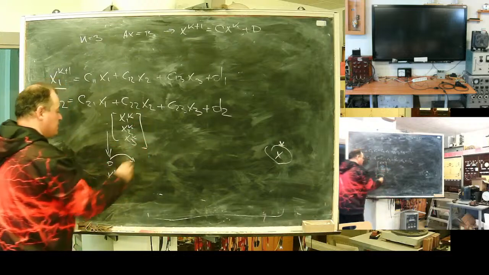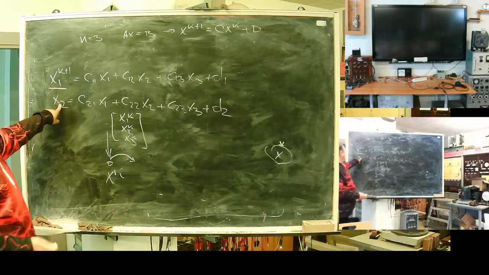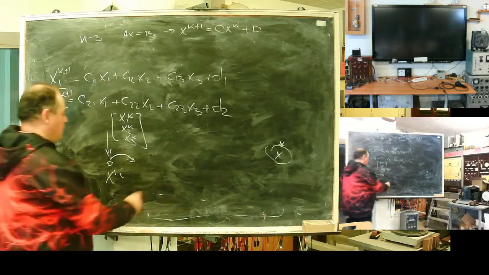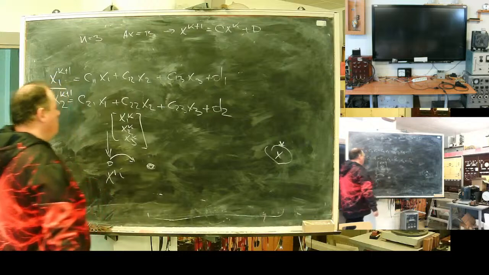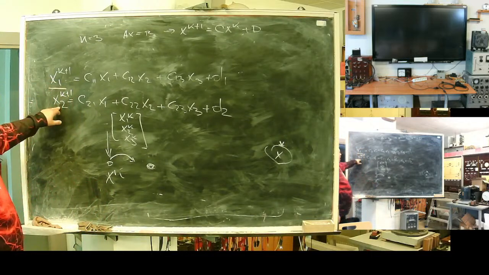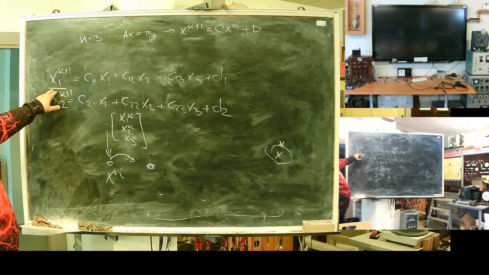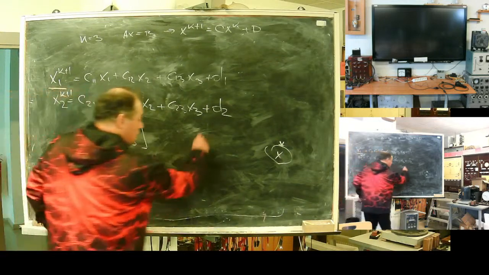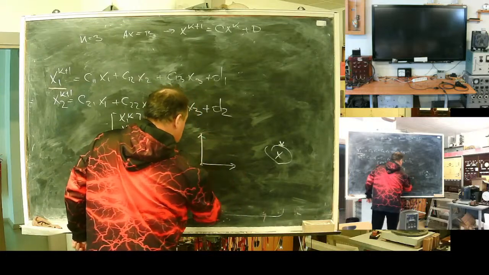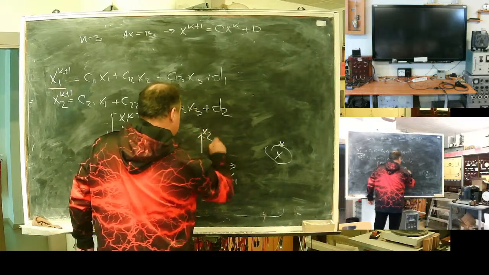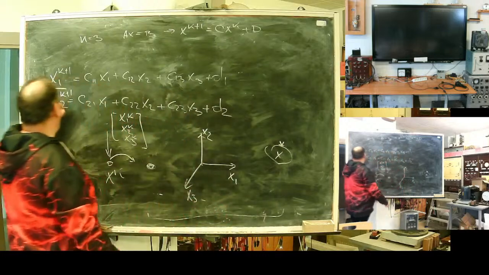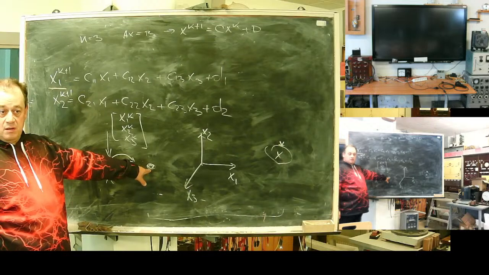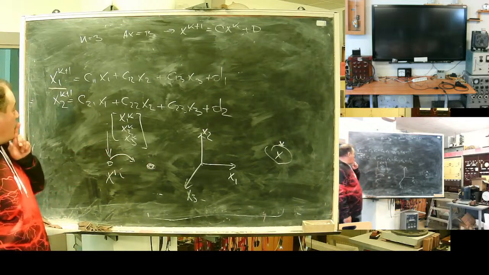I'm calculating x2 for the next one, k plus 1. It will be somewhere here. But what I knew, what's in orange? x1 next. Here is my coordinate system. I knew one coordinate of this next point. Why not use it? Why not calculate?